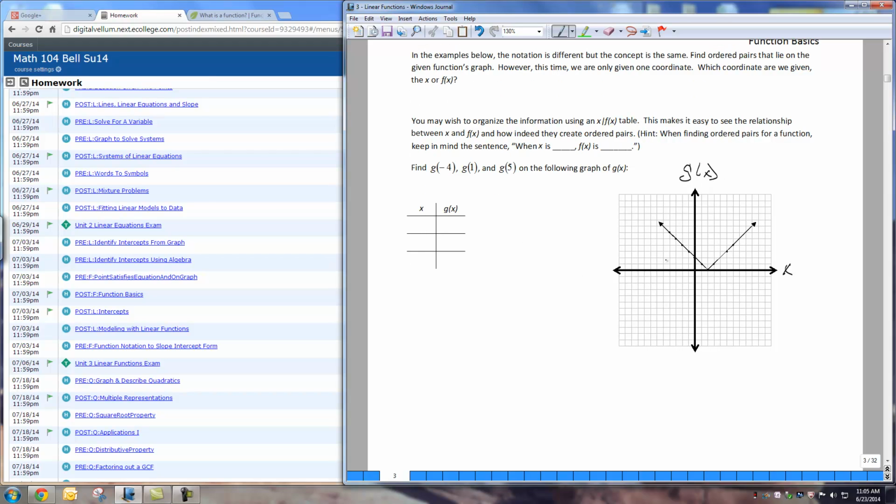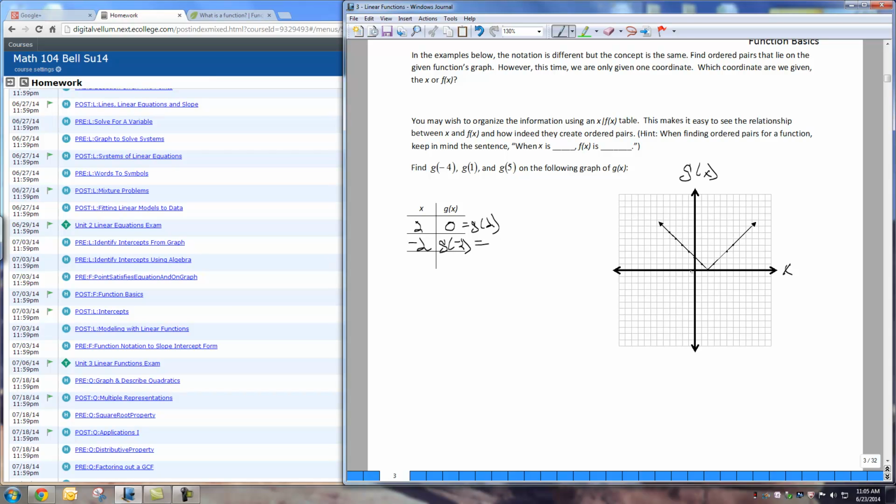So now when the x value is 2, notice the g of x value is 0. Another way to write it is g of 2. When x is 2, g of 2 is equal to 0. Let's say when x is negative 2, what is g of negative 2?